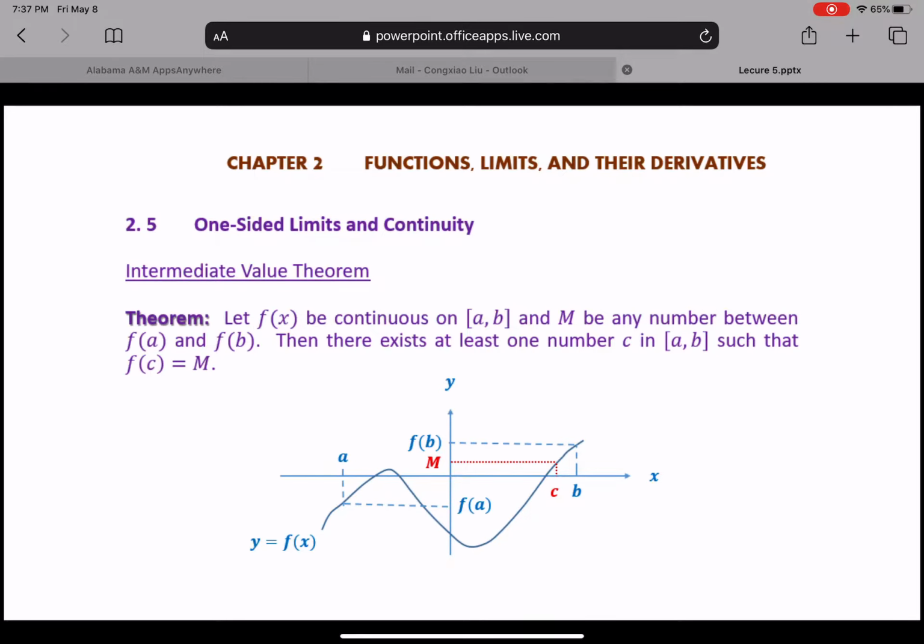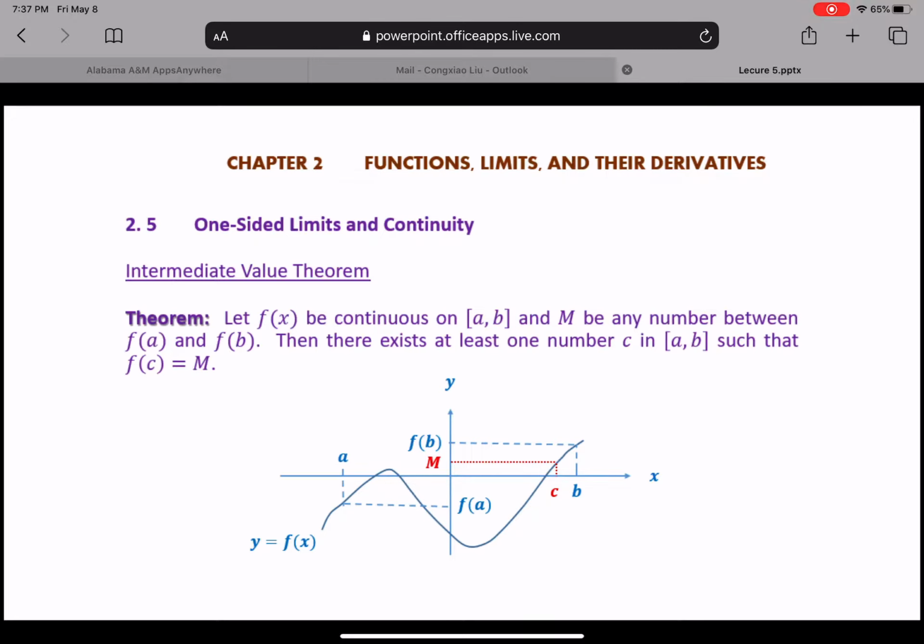I just draw the graph of f in the diagram. And f of a is at the bottom, f of b is on the top. So these are the 2 points on the curve. M is any number between f of a and f of b, for example, as the red line indicates.